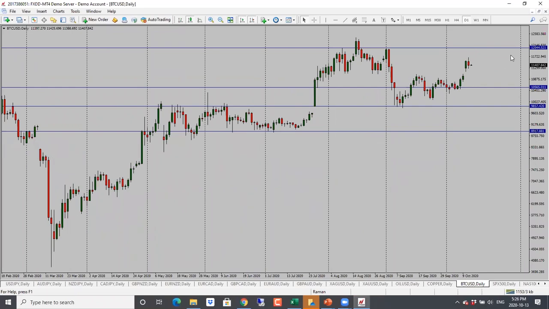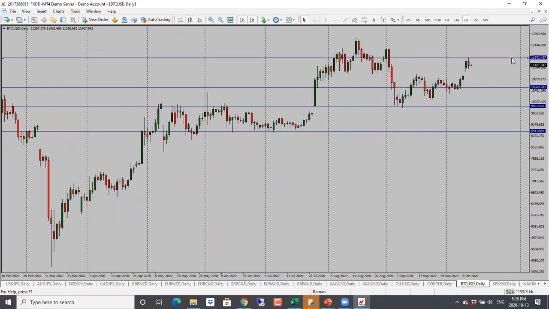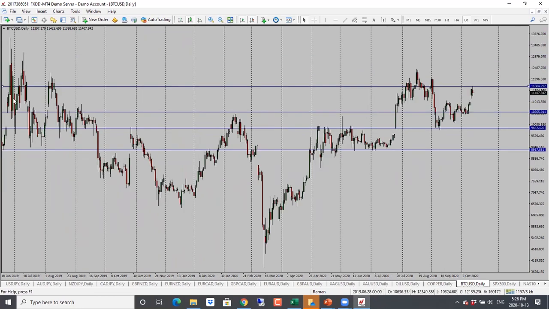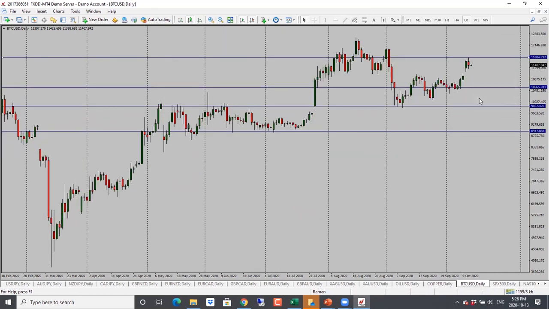Bitcoin here. Bitcoin also looking bearish. It did jump into this 11,670-ish level, but it failed to move through that. So this is the resistance we had talked about yesterday. So bearish bias anyway. We do have a bearish candle close here.